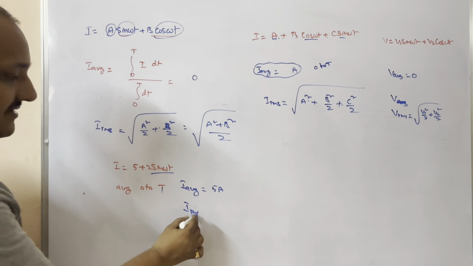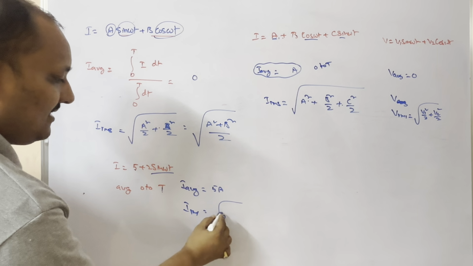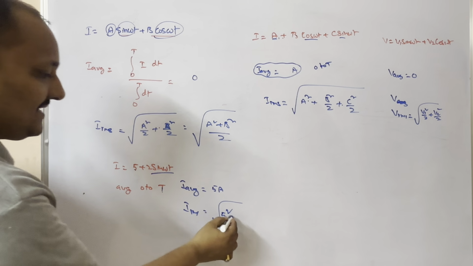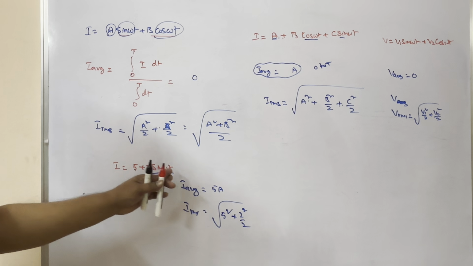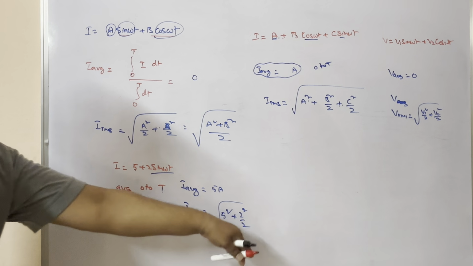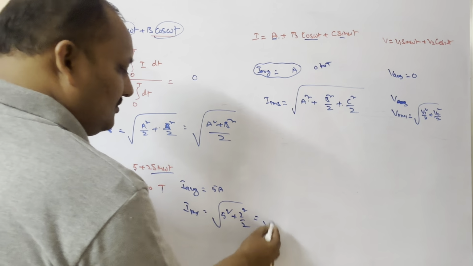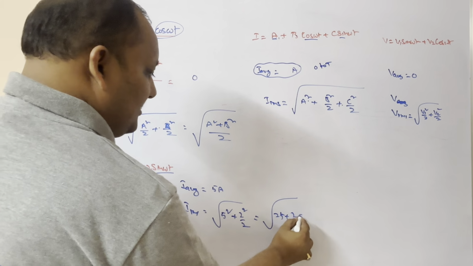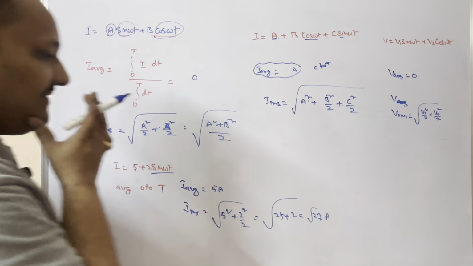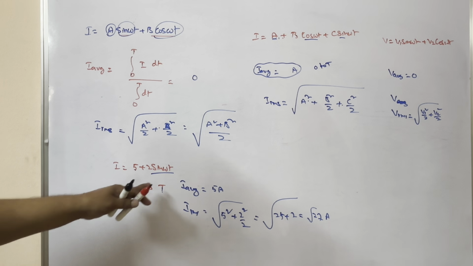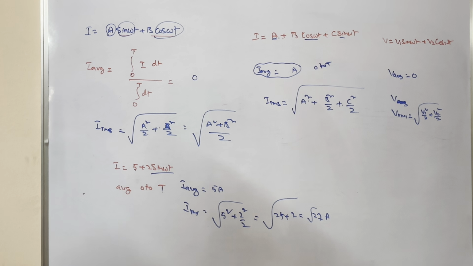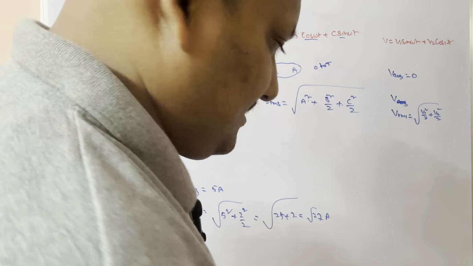If they ask the RMS value, 5 square, for the sine function 2 square by 2, and if a cos function is there, 1 square by 2 you can add, so 25 plus 2, so root 27 amperes. This is how to calculate the average value and RMS value of the given equations.